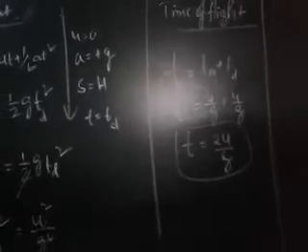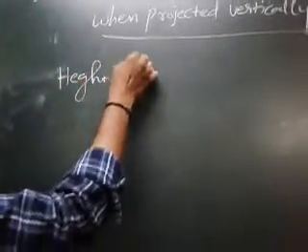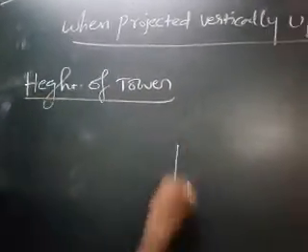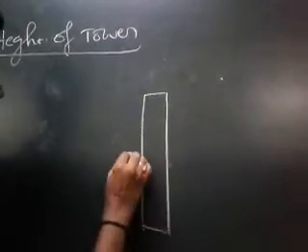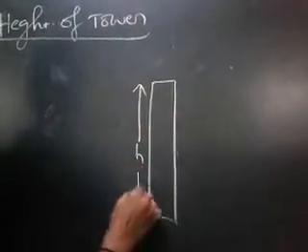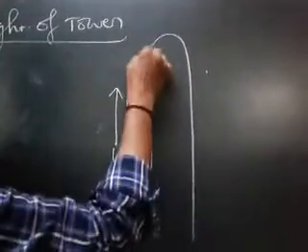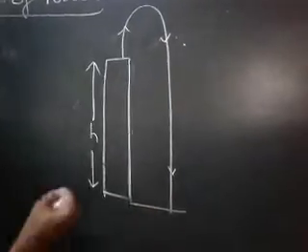Next, height of a tower expression. We can consider a tower whose height is h, which we can determine. Here the body is thrown vertically up and reaches the same point of projection.